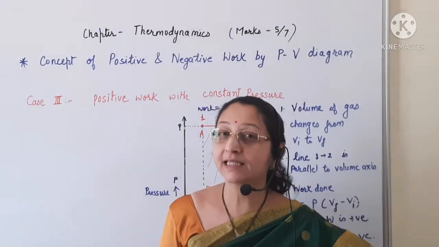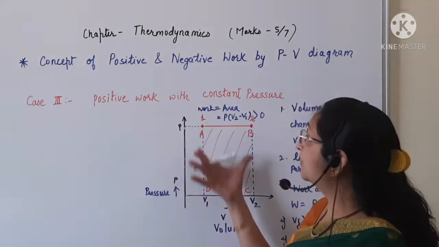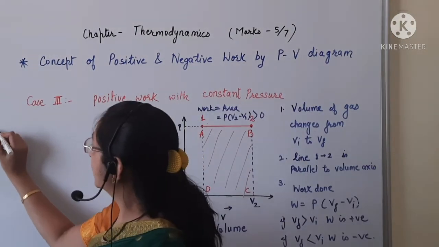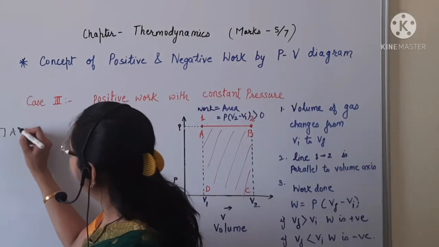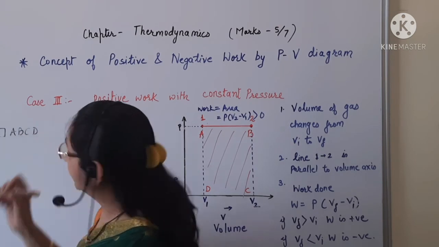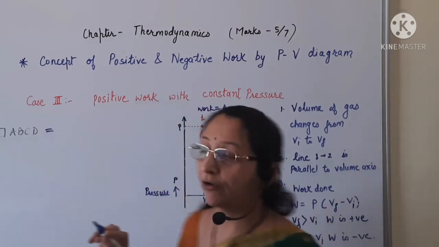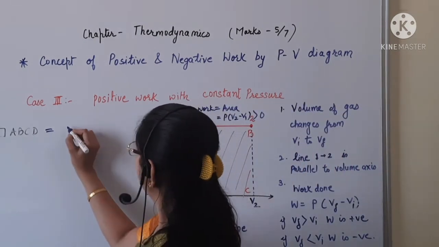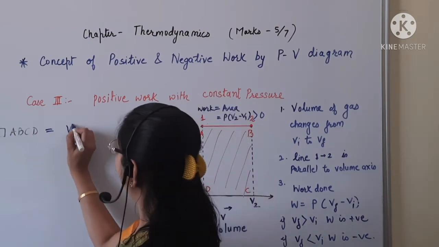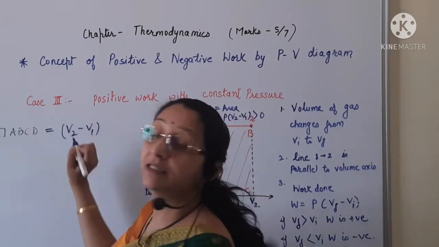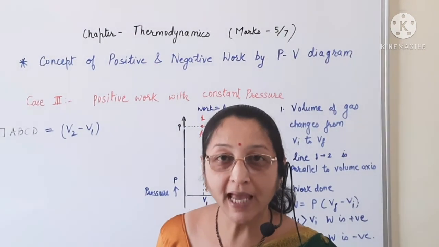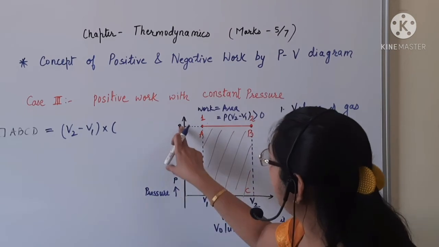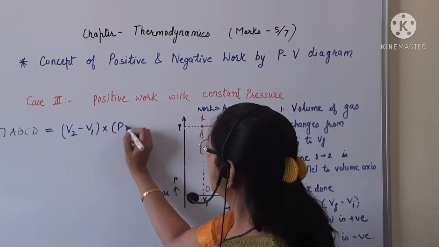Next, we will discuss how the area under this PV curve has the dimension of work. We consider this quadrilateral ABCD. The area of the quadrilateral ABCD is V2 minus V1, the change in volume of the gas, times the change in pressure, P minus 0.